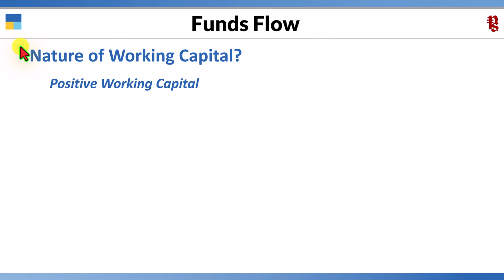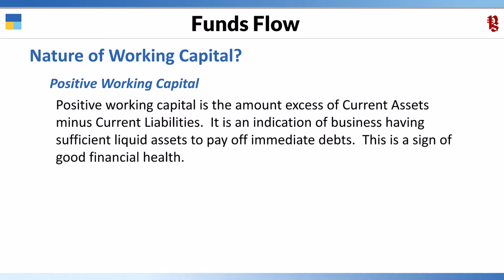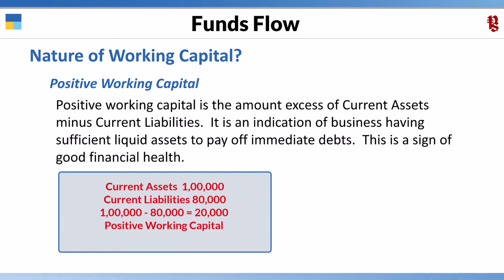When you say positive working capital, it is the amount of excess of current assets minus current liability. It is an indication of business having sufficient liquid assets to pay off immediate debts, and this is a sign of good financial health. So which means, let me give a quick example.